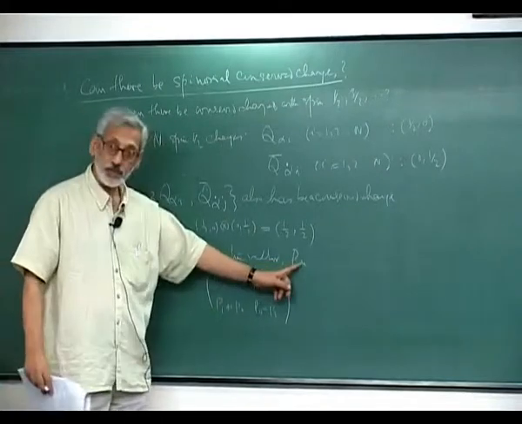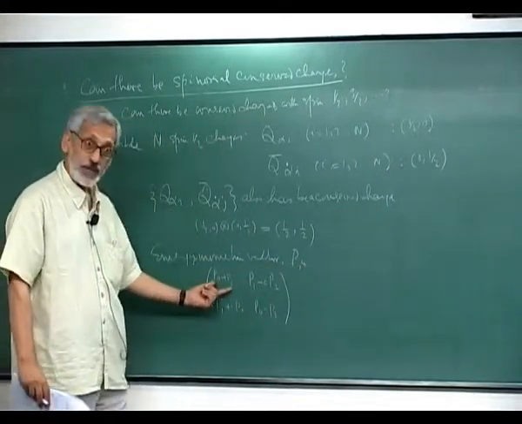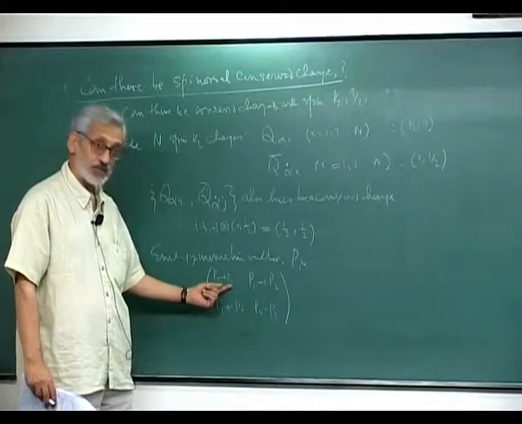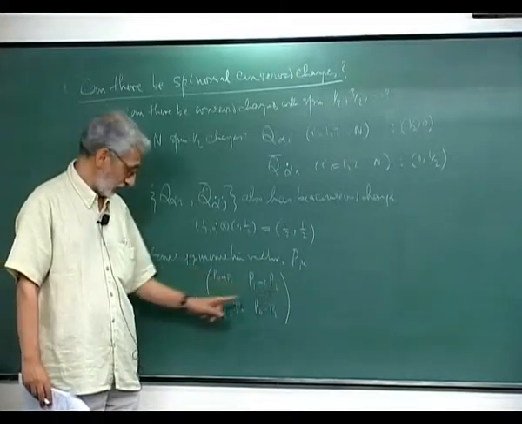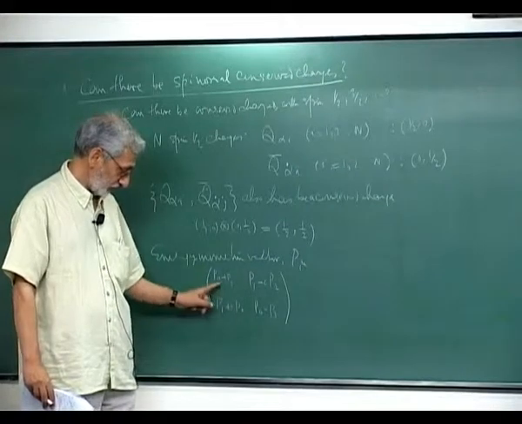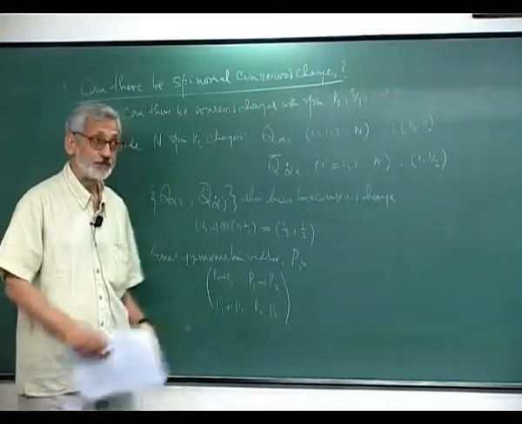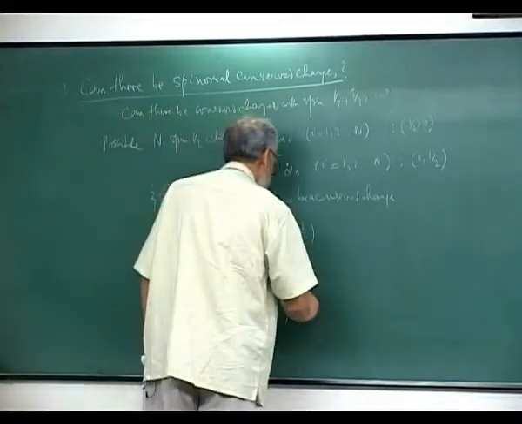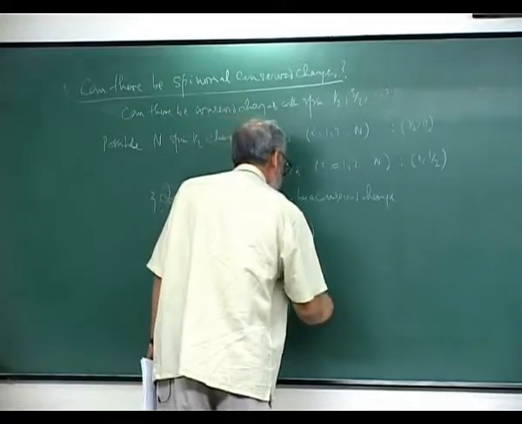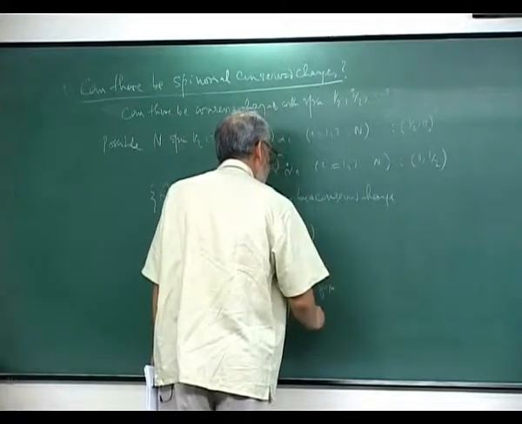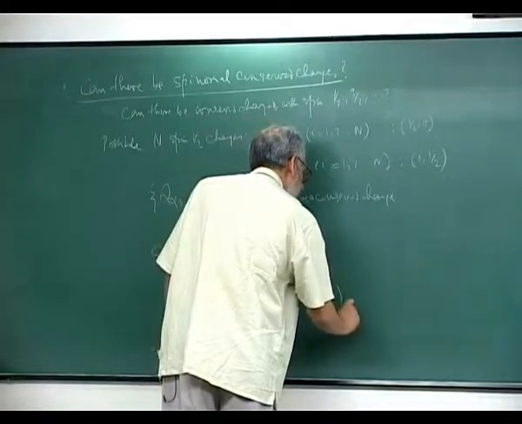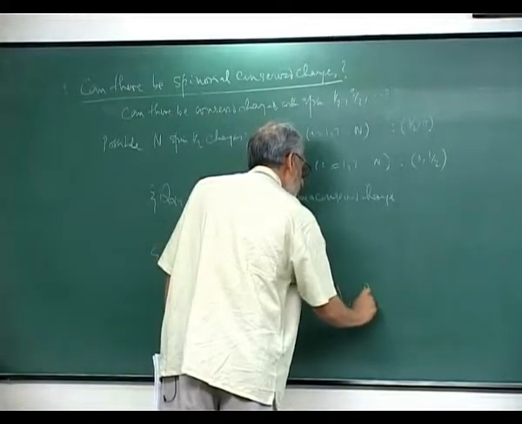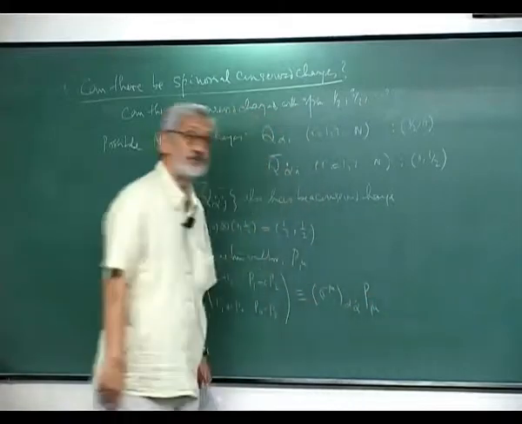The four components of P mu you can break into the matrix form, the zeroth component plus third component, first component minus i times second component, complex conjugate of that, and zero component minus P3. Now this object is simply sigma mu alpha alpha dot that we had defined times P mu.